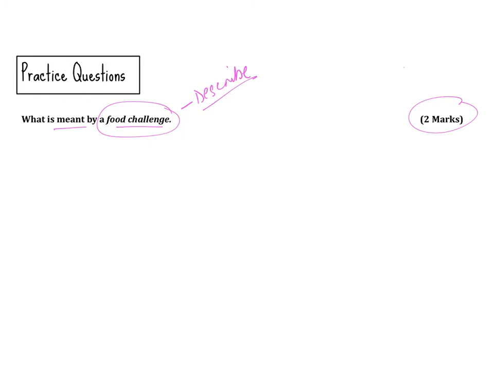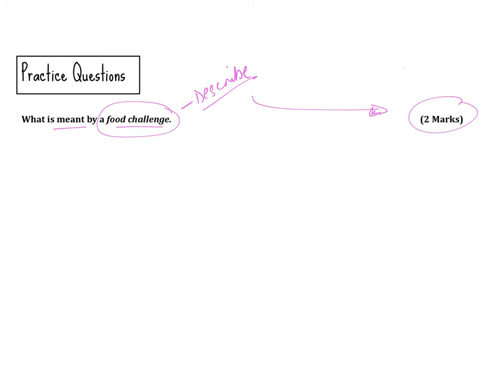Therefore, we would be describing it because it is a 2 marker. If it was 1 mark, you might just define it. And if it was anywhere between 3 or 4 marks, then you would be addressing a higher order verb like explain and showing how and why, or the effects of a food challenge. So we're just going to describe the characteristics and features of a food challenge.